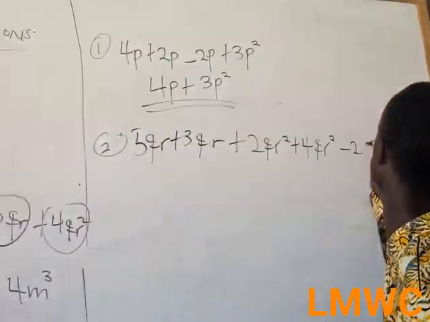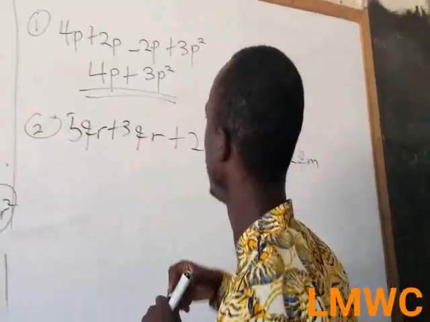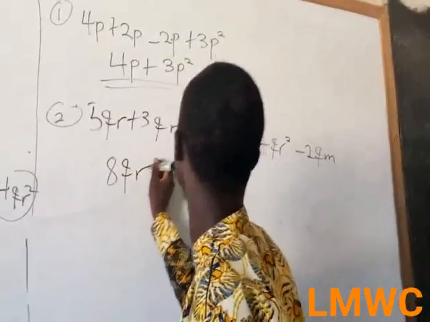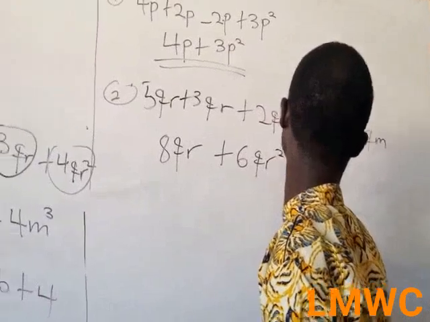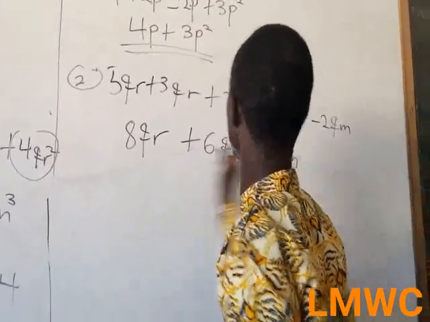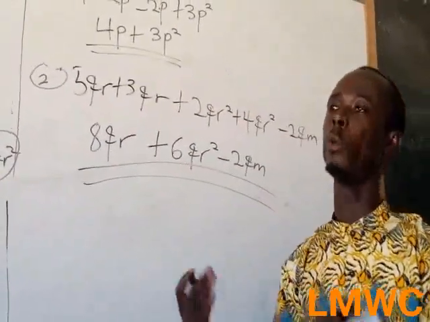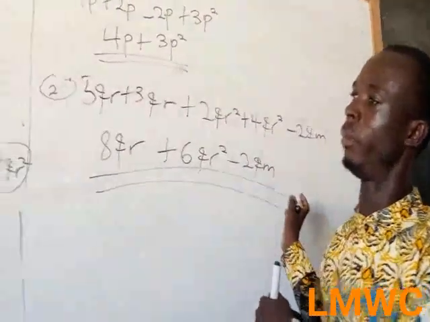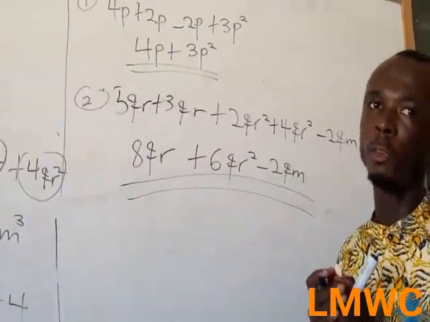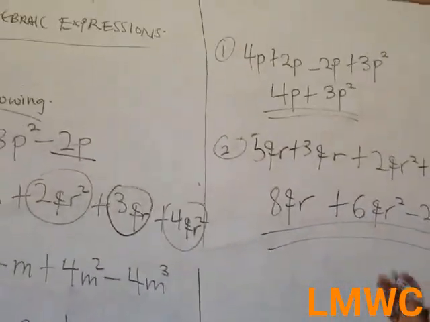The last one, with a different variable, is minus 2qn. Now, this plus this is 8qr, plus this is 6qr squared, minus 2qn. So always for addition and subtraction, you arrange the like terms and also the unlike terms. Take note. But if you are fortunate for them to arrange it for you, it becomes simple.